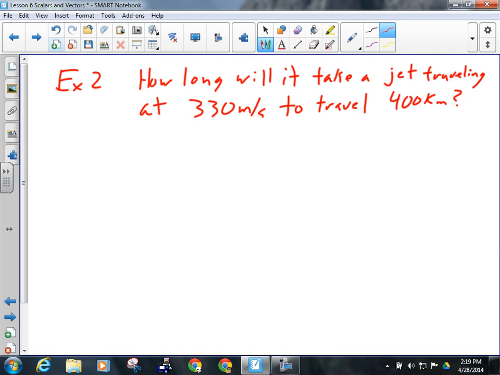Okay, so on this one here, we're talking about this jet that's traveling at 330 meters per second, which incidentally is the speed of sound, okay, to travel 400 kilometers.